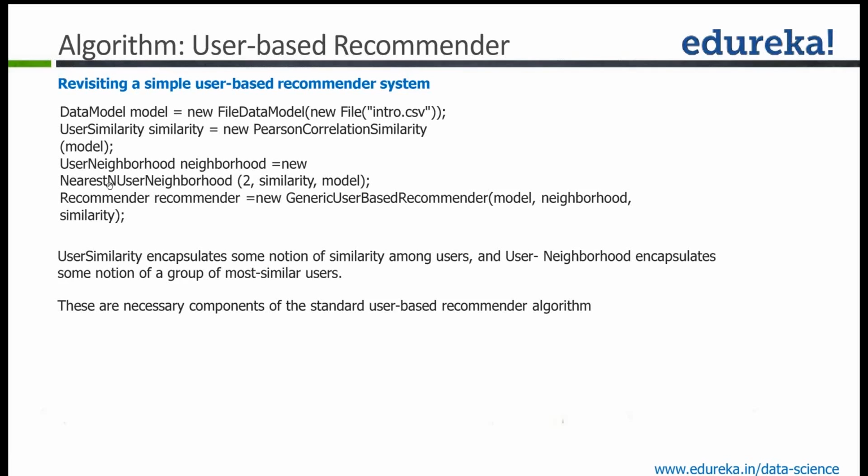And then using these three, that means the data model, user similarity, and the user neighborhood, I can now create something called a recommender, which is the recommendation engine that I am building by composing these different methods. Now using this recommender object, I can simply create new recommendations for different users.